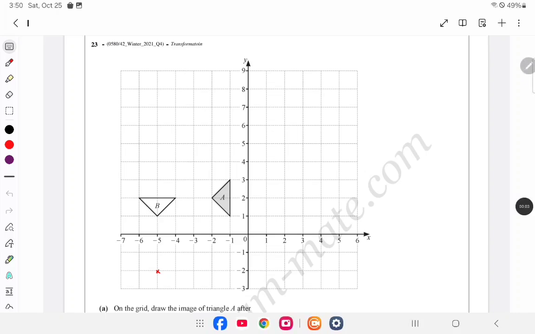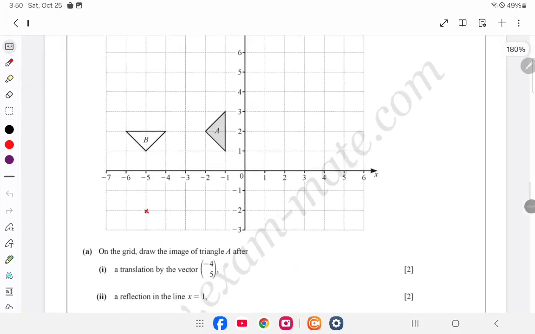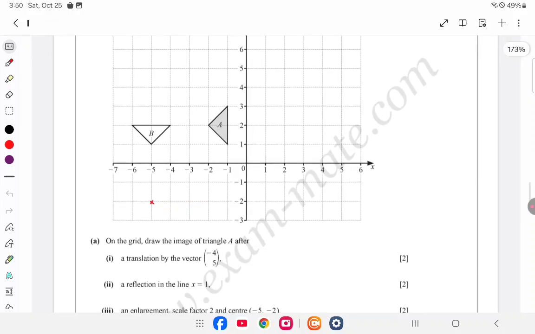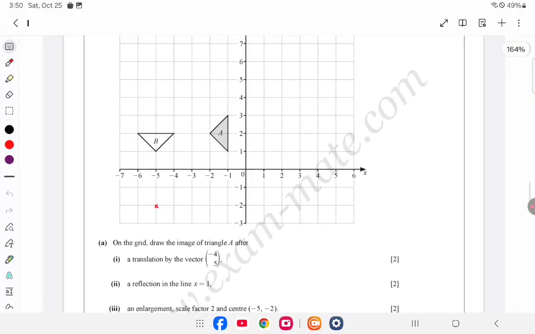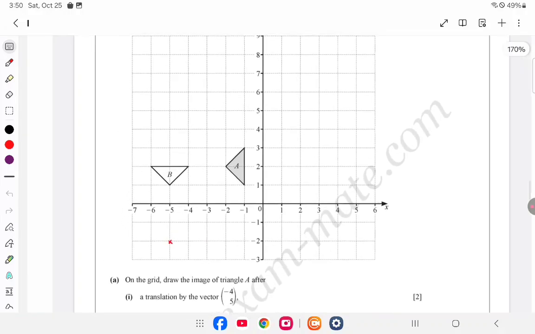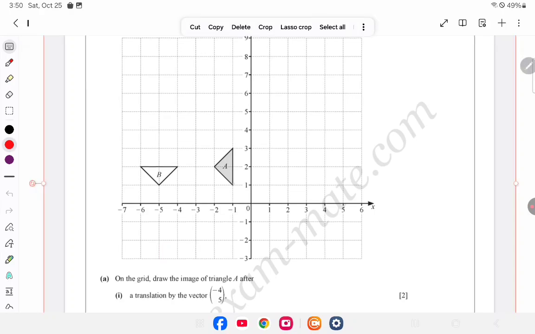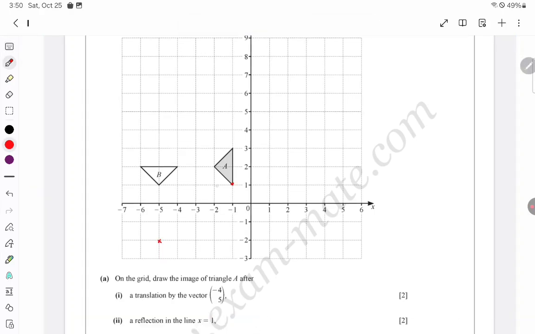So in question number 23, part A, on the grid draw the image of triangle A after part 1, translation by vector (-4, 5). That means for negative 4 we have to walk on the left-hand side 4 units for this point, 1, 2, 3, 4, and for the 5, 1, 2, 3, 4, 5, we get our first point.